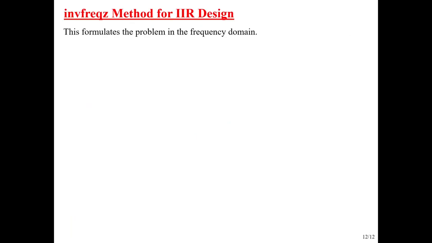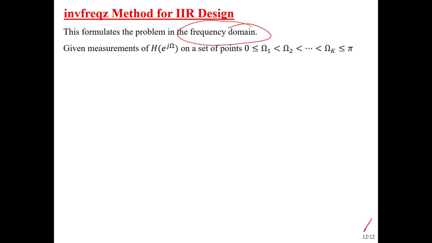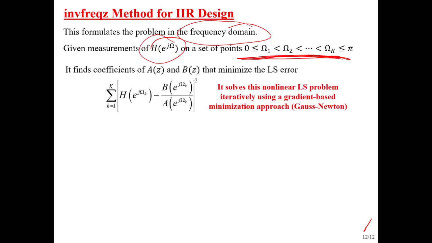And then our third method, and you can see we're on our last slide, so I'm going to give very few details on this. I'm just going to outline the idea. But this is formulated in the frequency domain. So now we take measurements of the frequency response on some sample points. And then we solve this nonlinear least squares problem.